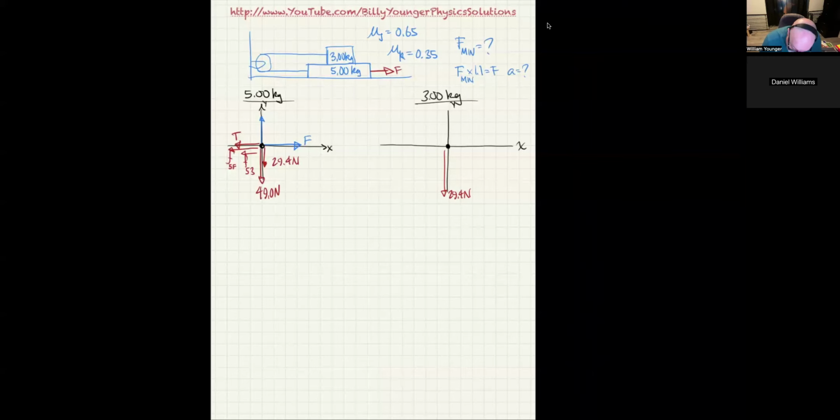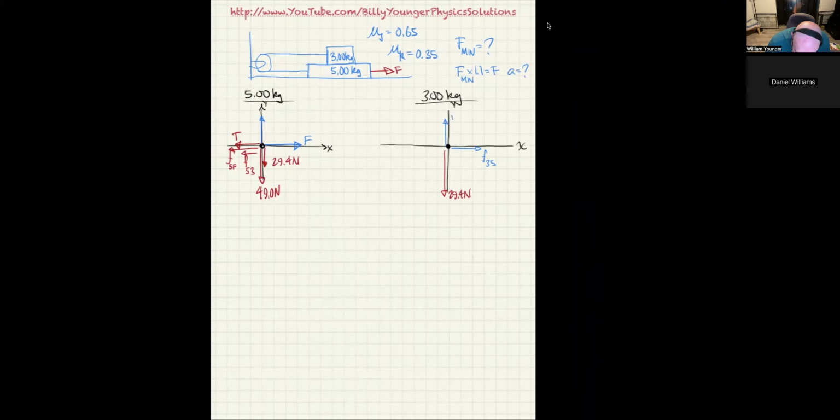Now what I'm going to do is draw a friction force to the right, and this is the friction on the 3 due to the 5. Now, I also have a normal force that happens to be supplied by the 5 kilogram mass, and that points in the upward direction.